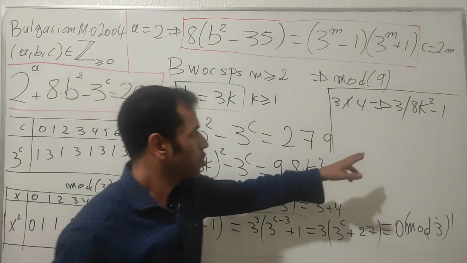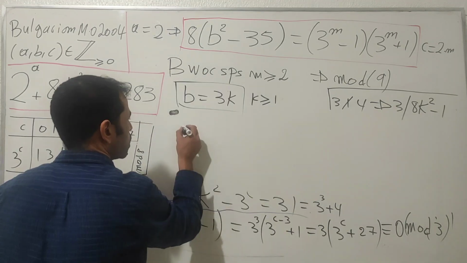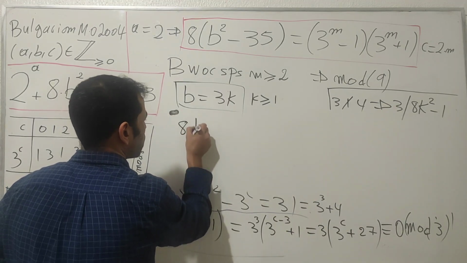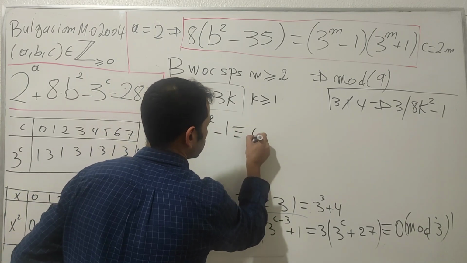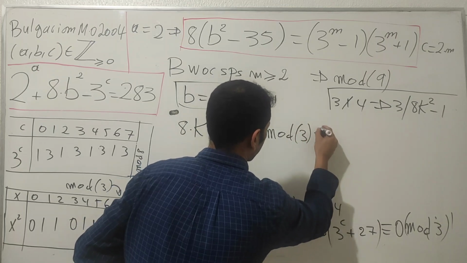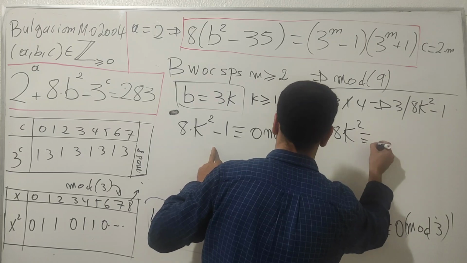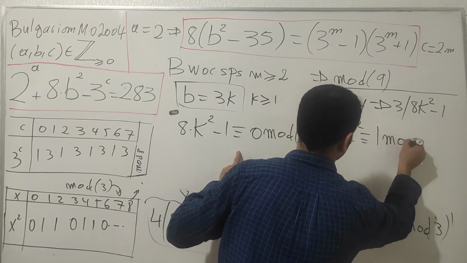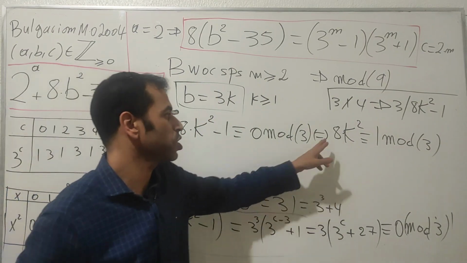Okay? So let's express this by using modular arithmetic. We get 8 multiplied by k squared minus 1 is congruent to 0 mod 3. Equivalent, 8 multiplied by k squared is congruent to 1 mod 3. Let's multiply both sides of this equation by 2.